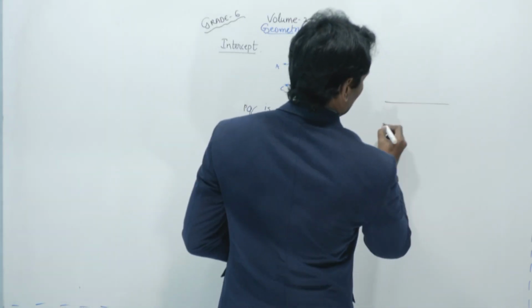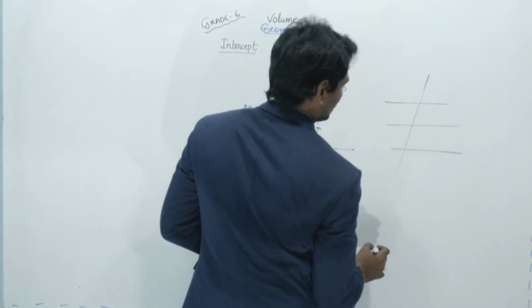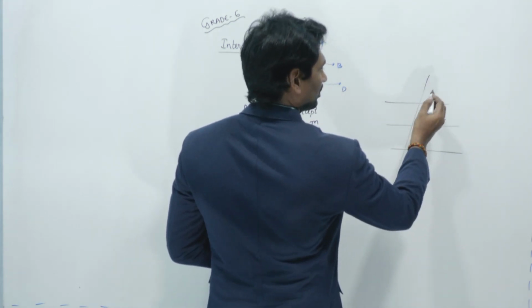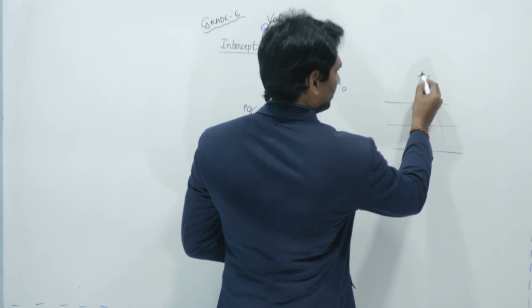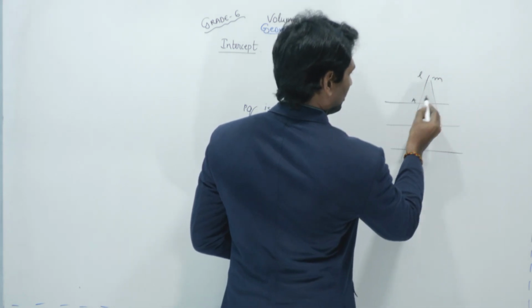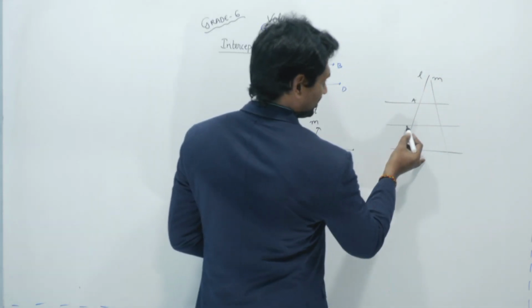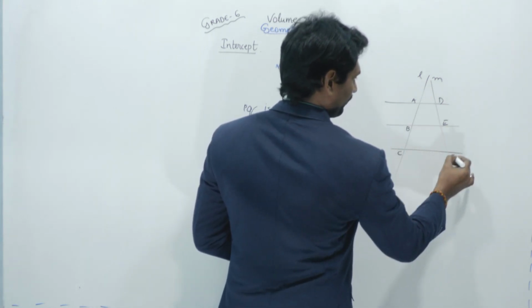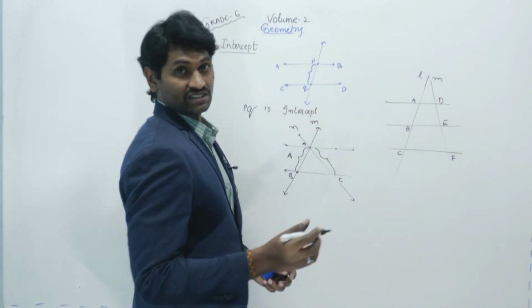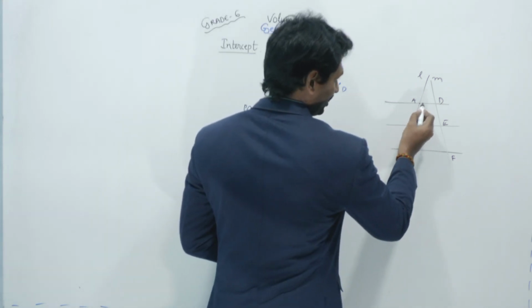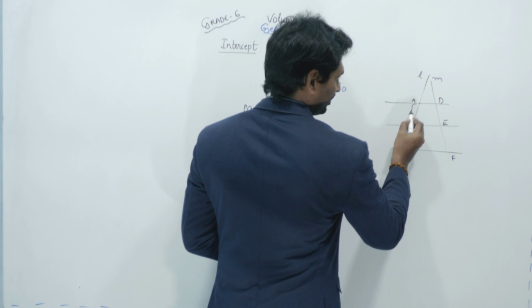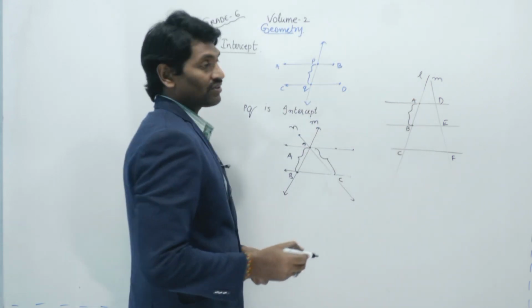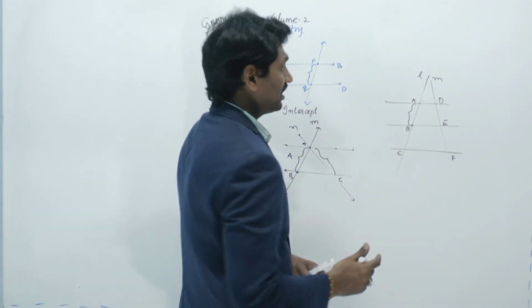Let us see here. I am taking three parallel lines like this. L and M are transversals. Here A, B, C, D, E, F. We already discussed the line segment. The length of the line segment between these lines is called the intercept.